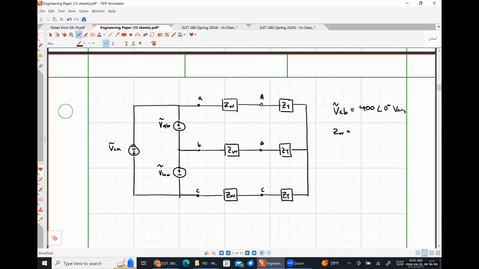ZW is equal to 0.3 plus j0.2 ohms. And ZY is equal to 10 plus j8 ohms.